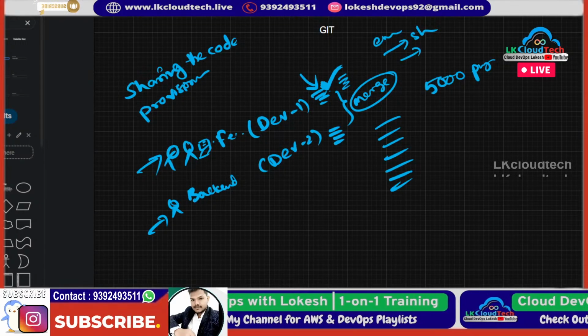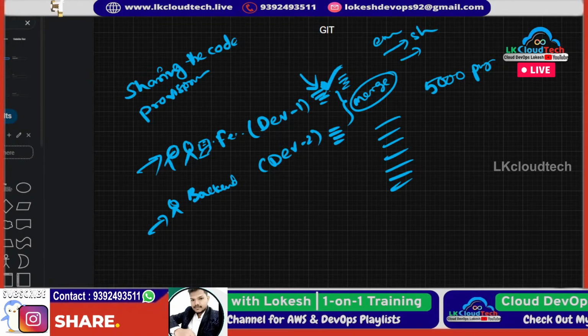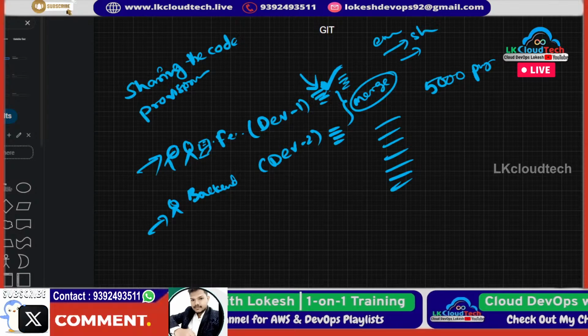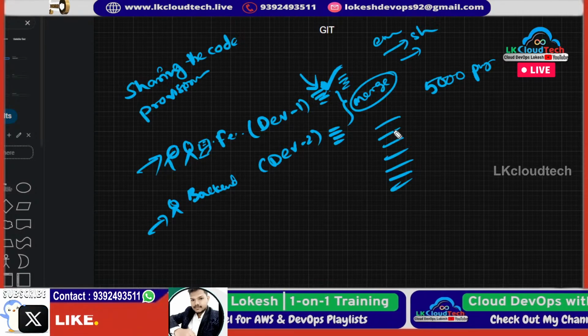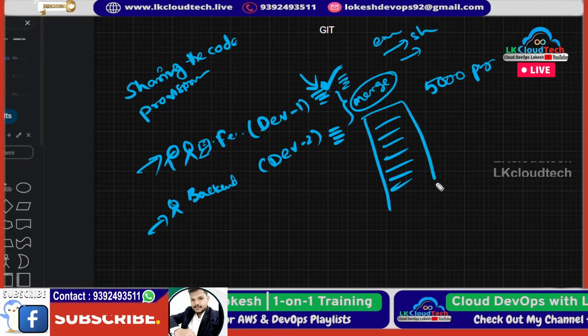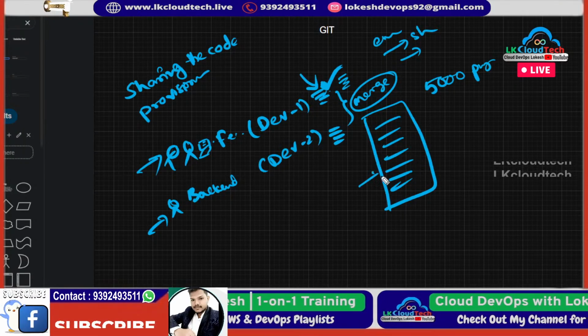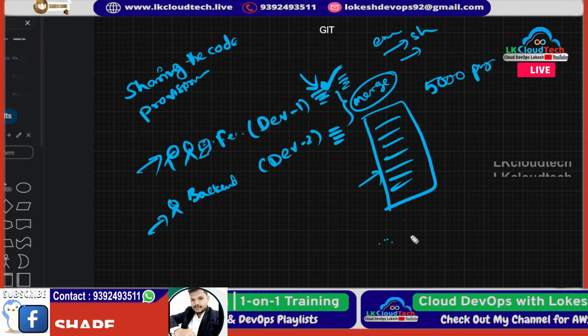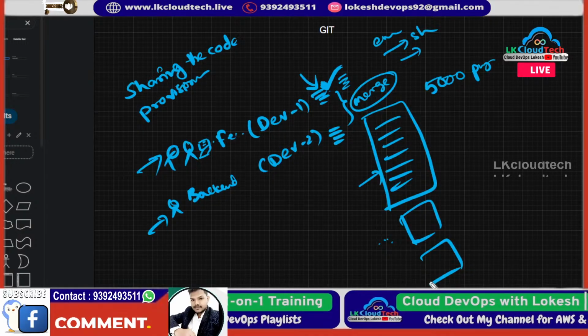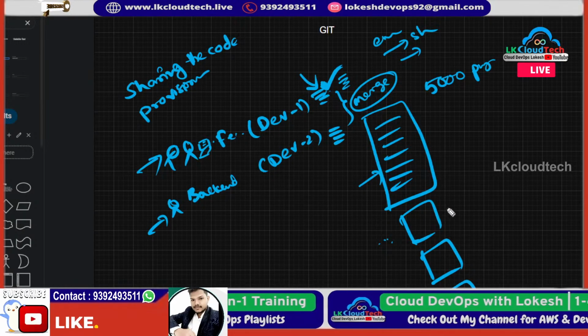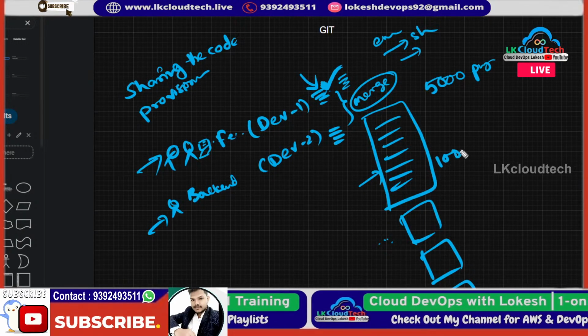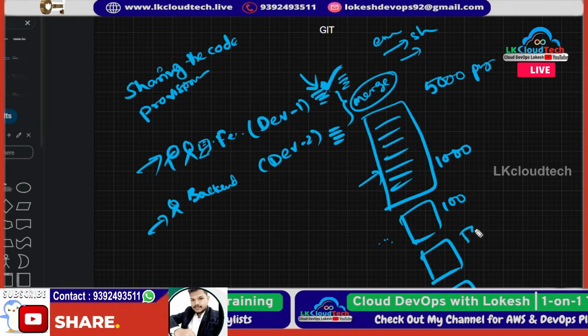In that case you have hundreds and thousands of files or lines. And not only lines, maybe 1,000 lines will be in one folder, and you might have different modules, for example 10 modules, with each module having 1,000 or 500 lines of code.